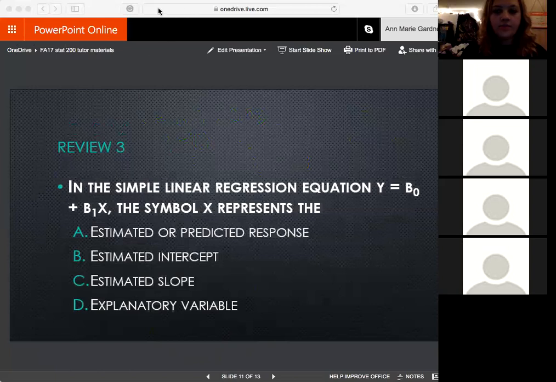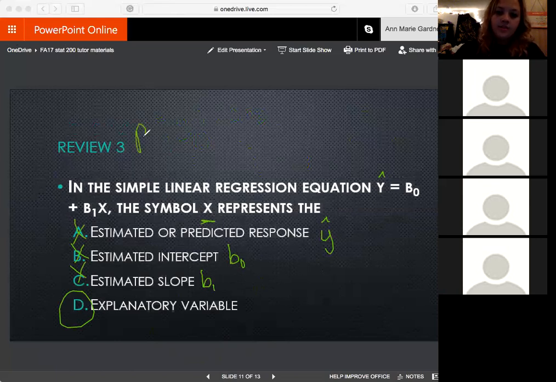Great job. Absolutely. So our answer here is going to be D. Recall that our estimated or predicted response is our y here; technically, if we predict it, it's going to be y hat. The estimated intercept is our b subscript 0, and our slope is our b subscript 1. That's why these aren't the answers, because we're talking about x, which represents our explanatory variable.